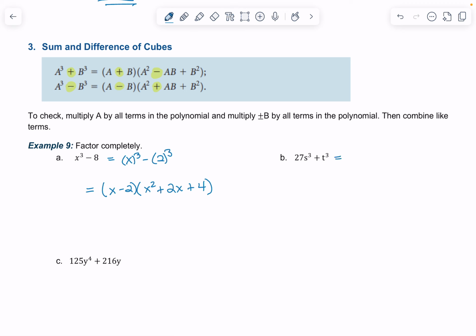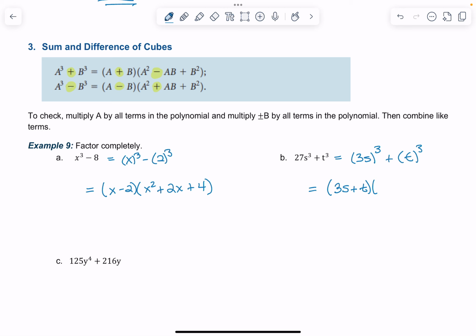If I look at my next one, what I have there is 3s cubed plus t cubed. This time I'm using the top one up there. Give it a try if you want to. Remember the first one matches, so I get a 3s plus a t, the signs match.